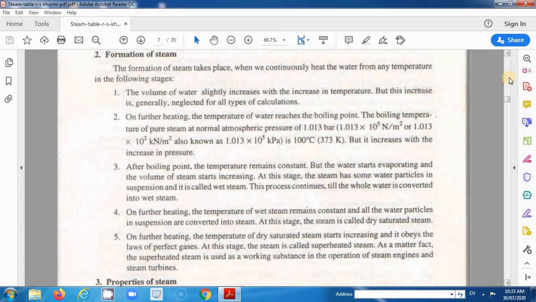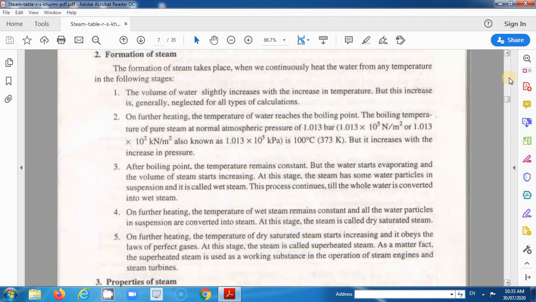First, the volume of water slightly increases with the increase in temperature. Initially we call it Vf, but after some addition of heat there is a slight change in volume of that water, not a remarkable change, so in calculations this value is neglected.